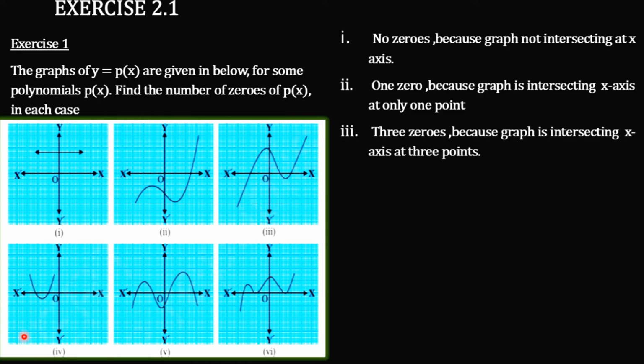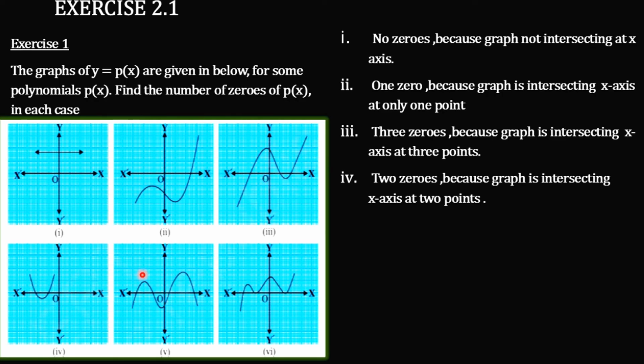Here only 2, that is 1, 2. So 2 zeros. The graph is intersecting at 2 points. Here 1, 2, 3, 4. So 4 zeros in the fifth graph because the graph is intersecting the x-axis at 4 points.